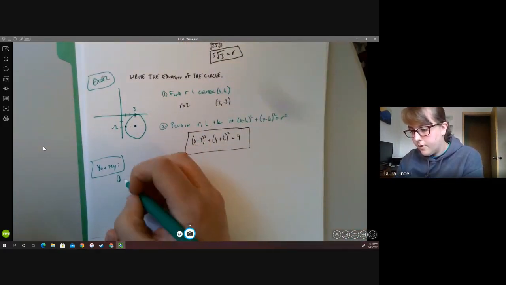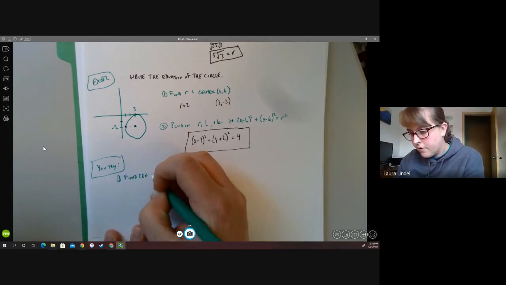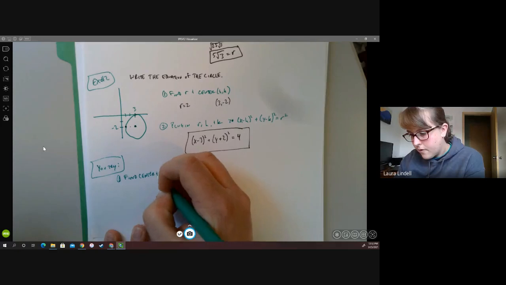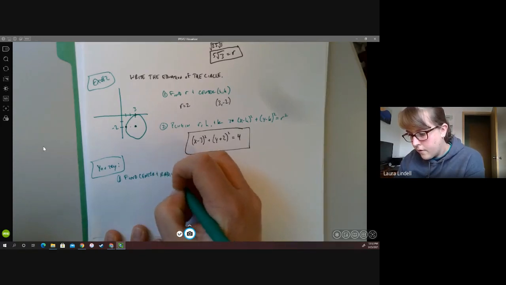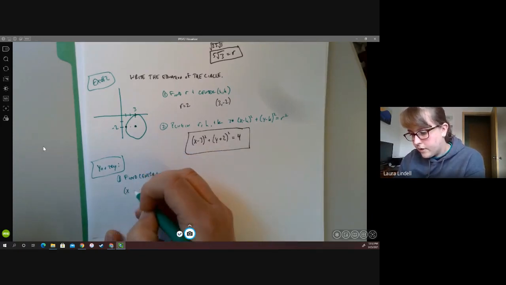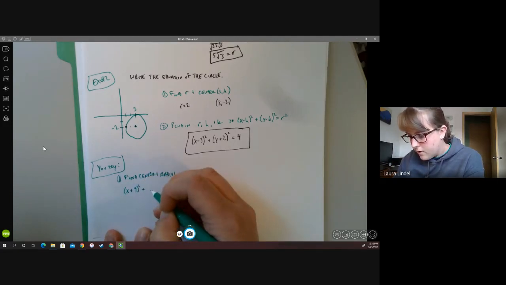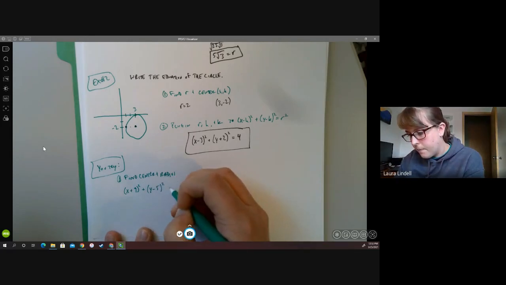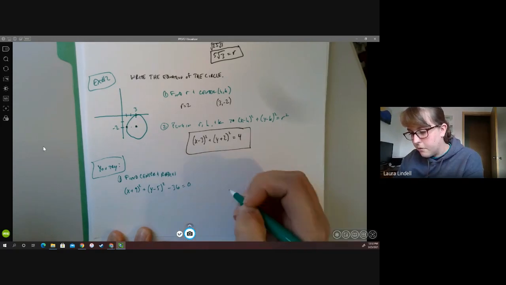First one, find the center and the radius: (4x plus 9) squared plus (y minus 5) squared minus 36 equals 0.